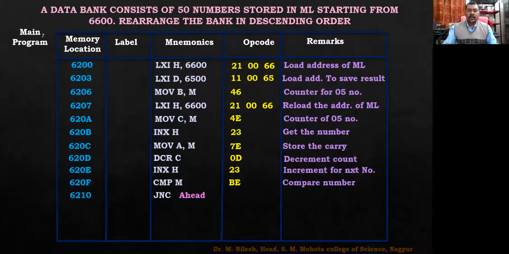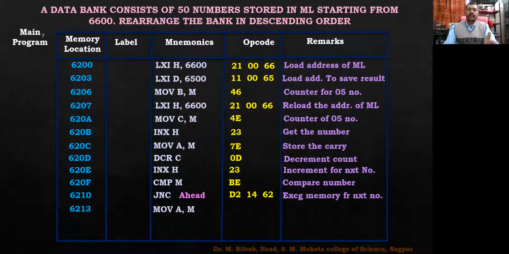So compare M, and we will check the carry. Jump if not carry. If there is no carry, meaning the number is smaller, then we have to move ahead. If there is a carry, then we have to replace that number in the accumulator, right? It means that it is the largest number. So we have moved the largest number into the accumulator. This is complete.